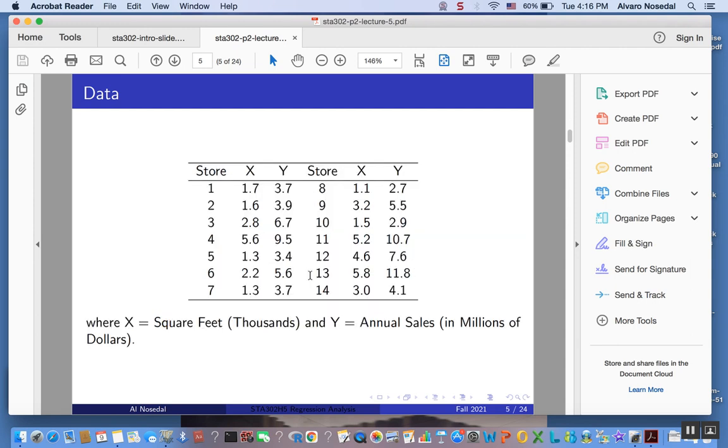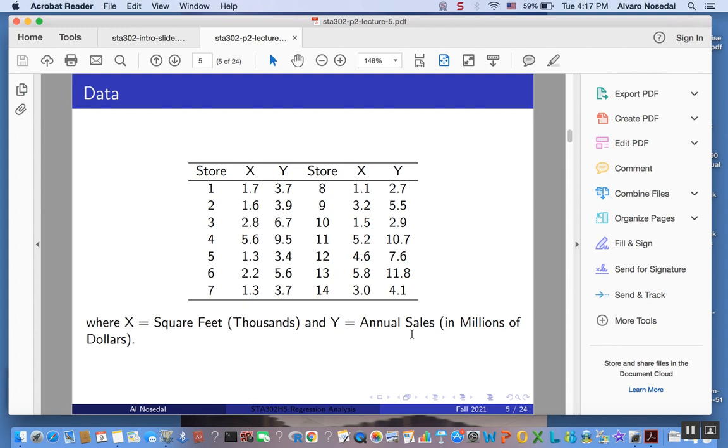On the next slide, we have a table that contains that information from that small sample of 14 stores. As I said, size, x, will be our predictor variable, and y, annual sales, will be our response variable.